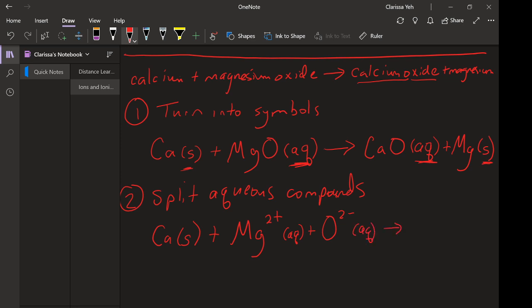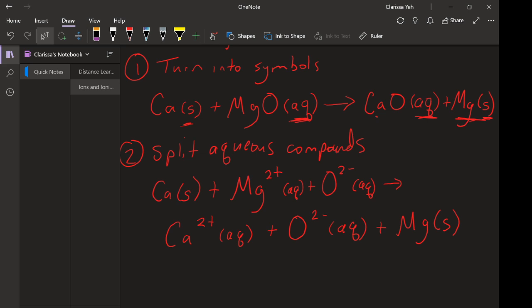Arrow, I might not have enough room, so I'll write it at the bottom. CaO, Ca has a 2+ charge. And then O has a 2- charge. And then Mg's not aqueous, so I'm going to leave it as is.